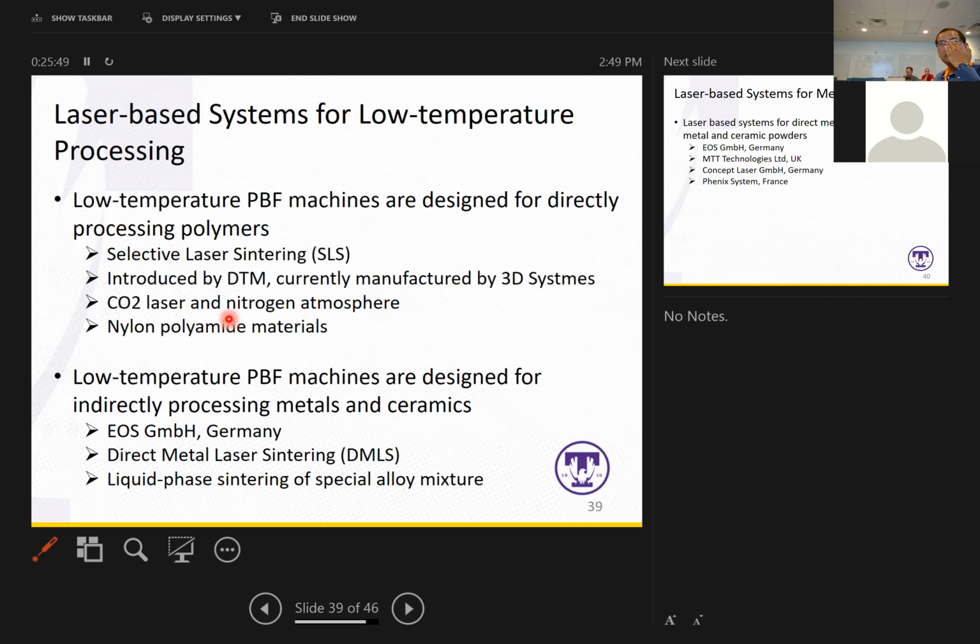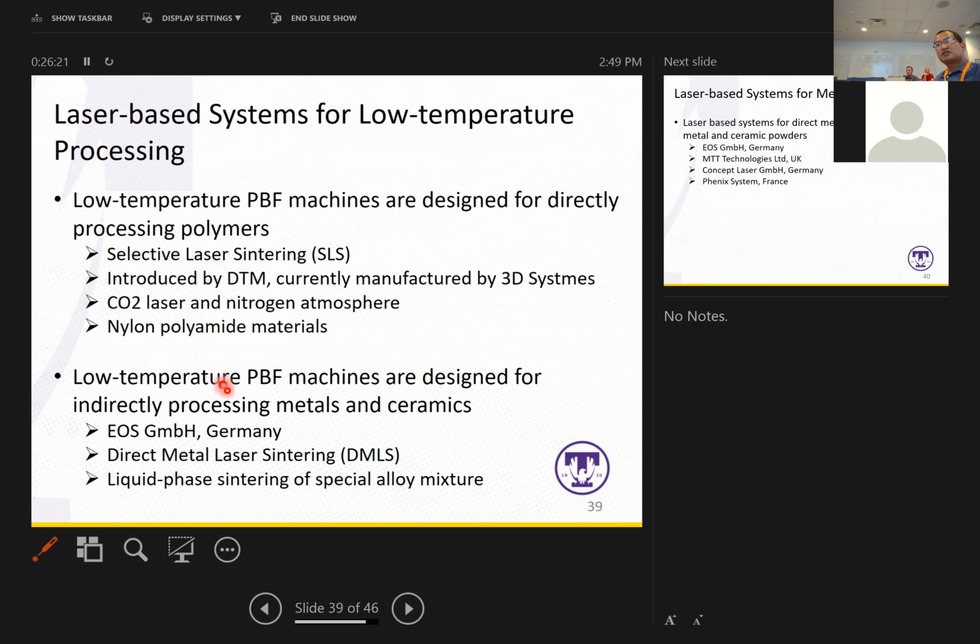So the laser-based systems also could be used for some low temperature processes. Some low temperature powder bed fusion machines are designed for direct processing of polymers. As we introduced, SLS could be used for building parts with nylon powders, right?